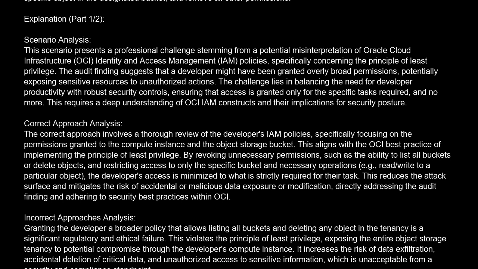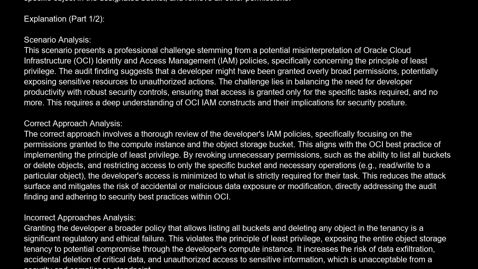Correct approach analysis. The correct approach involves a thorough review of the developer's IAM policies, specifically focusing on the permissions granted to the compute instance and the object storage bucket. This aligns with the OCI best practice of implementing the principle of least privilege.